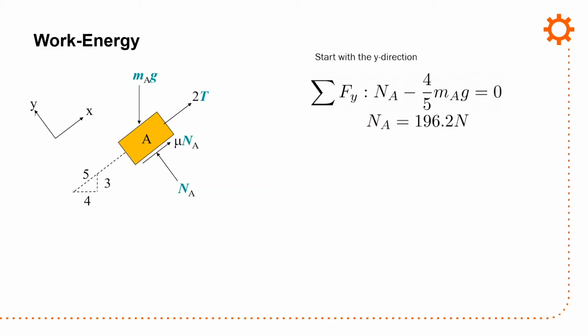I can say, well, I have y and x in these directions, and in y, there is no motion up or down. And so the sum of forces is equal to 0. So NA minus 4/5, because it's a 3, 4, 5 triangle, 4/5 mA g equals 0. And I get the normal force of 196.2 newtons.